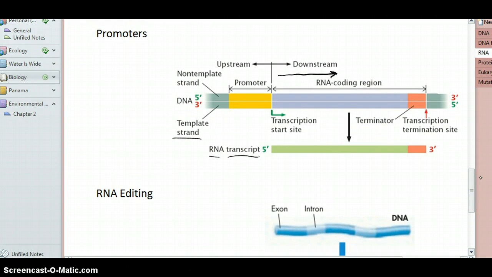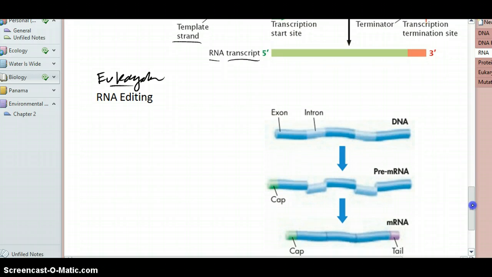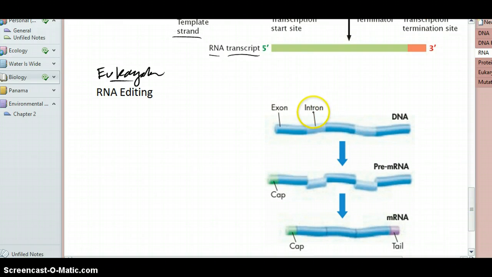Now, in eukaryotes, as opposed to bacteria, so in us, there's a step that you don't see in bacteria, and that's called RNA editing. When we make that initial transcript, we transcribe the whole gene, but in eukaryotes, that gene contains these things called introns.